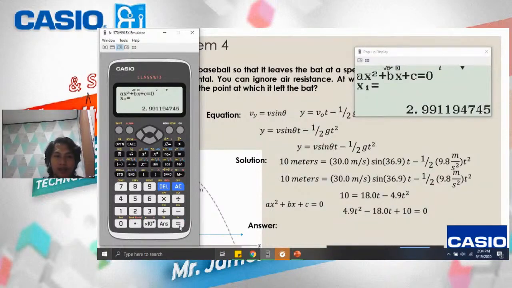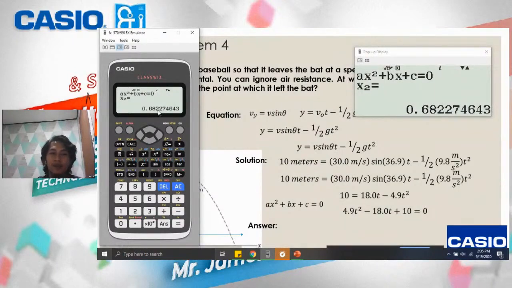Equal. So, our first time, or ang ating value ng x sub 1 natin is 2.99. So, ang value ng t natin dito is 2.99. Just remember that. Ano yung pangalawang time natin? So, ang pangalawang time natin is 0.6822.